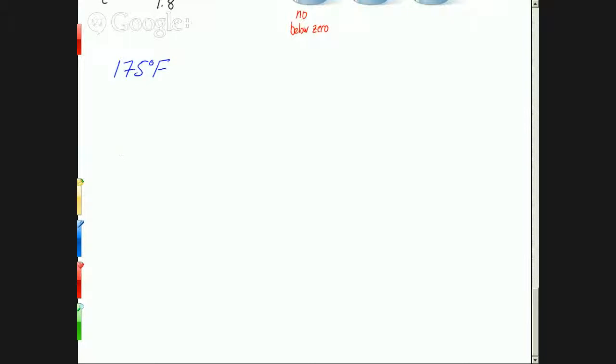Is that a general oven cooking temperature that we use, for those of you who cook? No. What's wrong with it? It's pretty low. You're not going to cook much at 175, right? You might make some nice bacteria-laden stuff, but you're not really going to cook anything. So what probably happened? Why did this person who came to your house set your oven at 175?